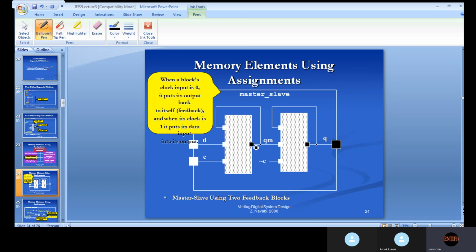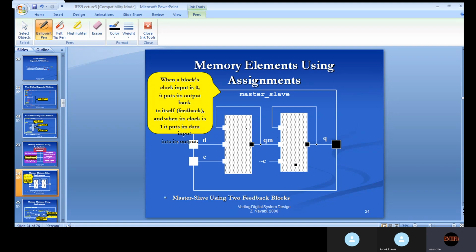whenever any block's clock input is 0, it puts its output back. Okay, so ఈ 2 blocks లో ఏ ఇన్పుట్ అయినా కూడా, ఈ 2 blocks లో దేనికైనా క్లాక్ ఇన్పుట్ 0 ఉంటే, సో వాట్ ఎవర్ ది అవుట్పుట్, క్లాక్ 0 ఉన్నప్పుడు ద అవుట్పుట్ ఇస్ latched within the ఈ లూప్ లోనే, ఈ బ్లాక్ లోనే latch అవుతా ఉంటుంది.